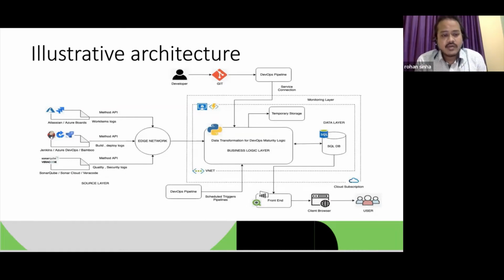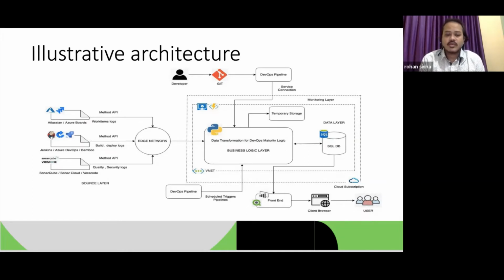Like we have Azure Boards and Atlassian Jira Boards, which would show us the work item level log. And for the deployment and build logs, we can use Jenkins or Azure DevOps Pipeline or Bamboo, whichever available tool is suitable to the application.